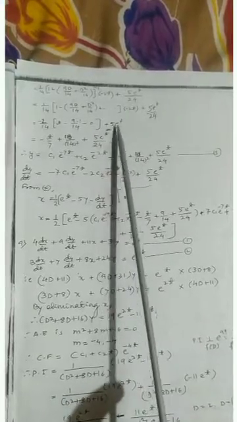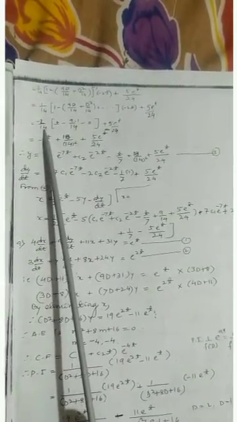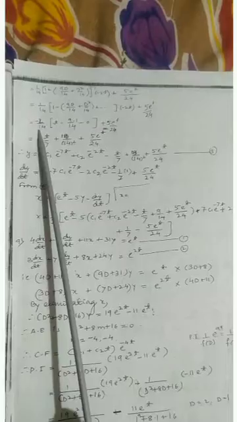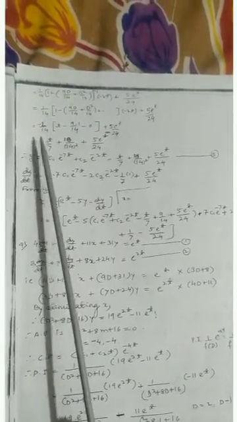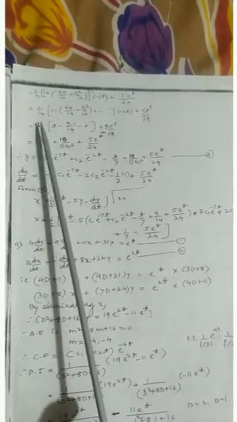Next, plus 5 into e to the power t divided by 24. Then solve these two. Minus 2 ones are 2, 7 twos are 14, we get minus 1 by 7. Multiply that one, we get minus t by 7. Minus minus plus.